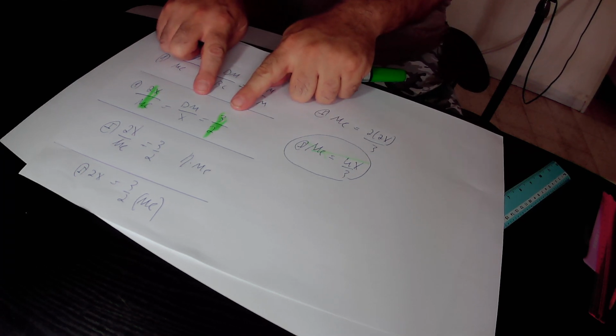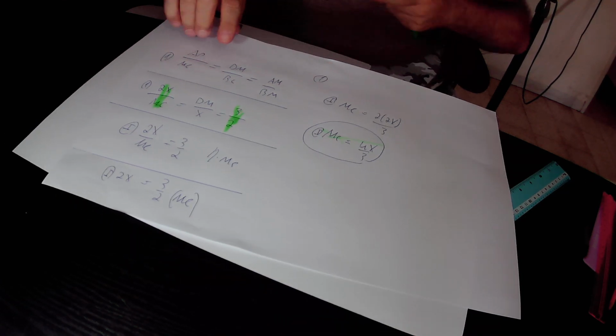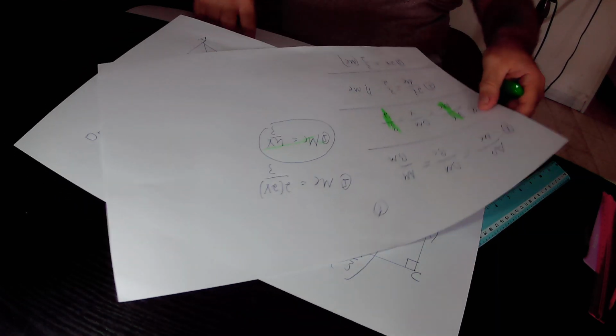Those two expressions are also equal to each other. So we get equation 2 from those two expressions. That is to say, DM over x equals 3 halves. So I write it down according to equation 2.